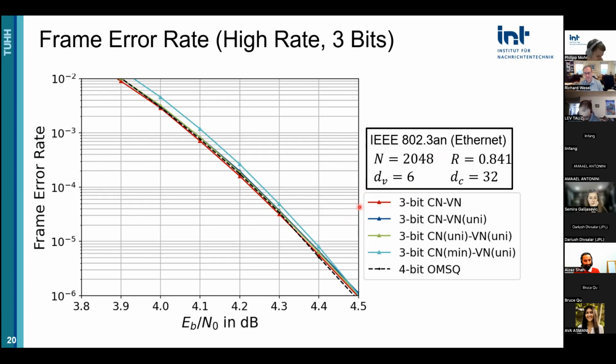And mostly you use regular type LDPC code rather than irregular type, right? Yeah, we have not tweaked the design yet for irregular codes because this involves some more challenges in the design procedure. So this is something we will do in future work. Okay, thanks.